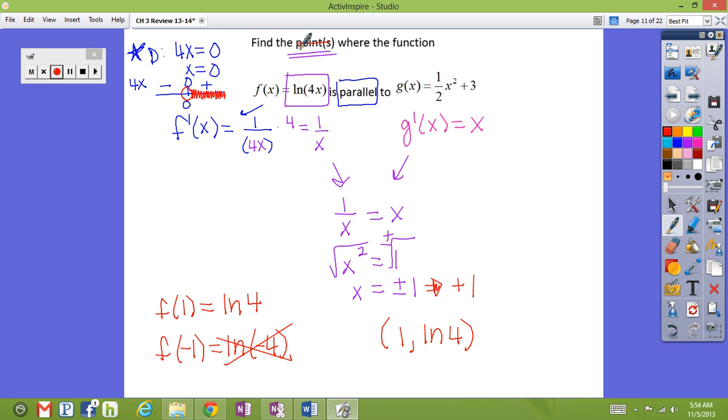I'm just realizing normally I wouldn't ask you for the points. I would ask you for the x value. The reason is because the x value is the same for the functions, but the y values are actually different because you're not intersecting the two curves. So just real quickly, I'm not going to make the exact graphs, but ln of 4x would look pretty much like this.